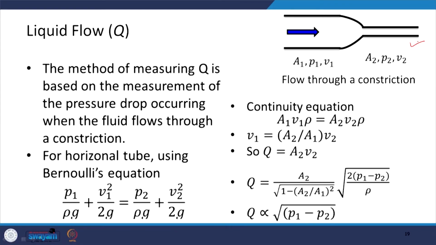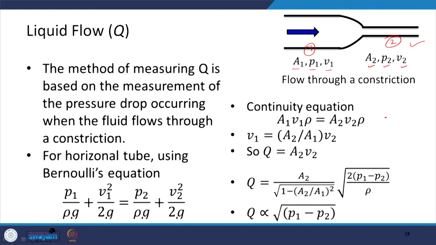Now, for a horizontal tube, as you can see here, on side 1 you have the area of cross section A1, pressure P1 and velocity V1, whereas on side 2 these values are A2, P2 and V2.